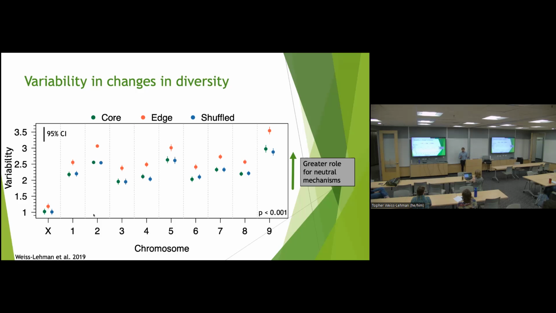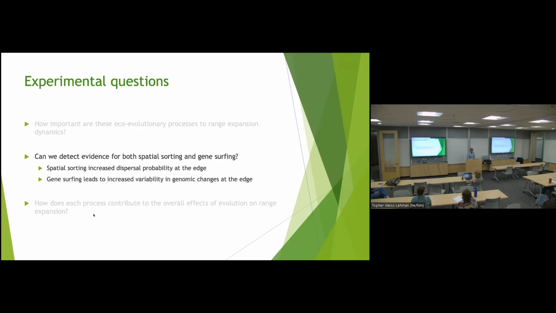This seemed to us like pretty good evidence that gene surfing is causing these very random changes among populations and causing some important changes in genomic evolution. In particular, gene surfing does seem to lead to increased variability in genomic changes at the edge populations. This is important because, again, it mirrors the increased variability we saw in the overall spread dynamics.